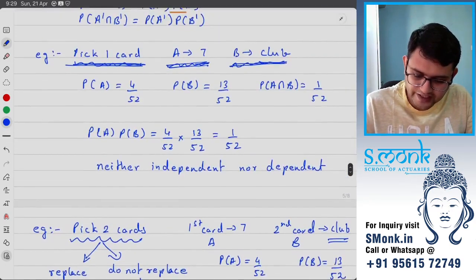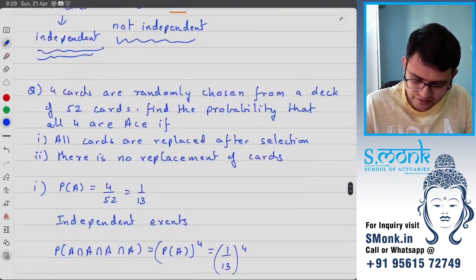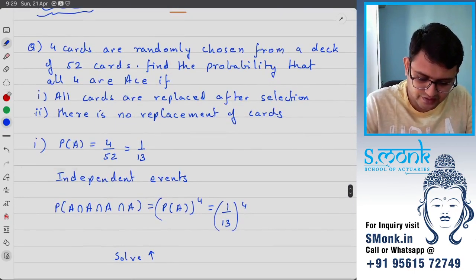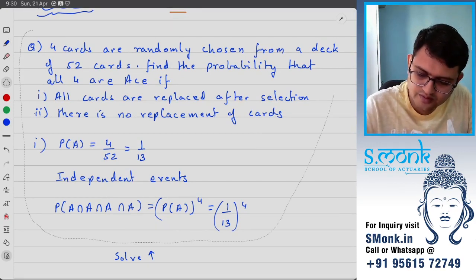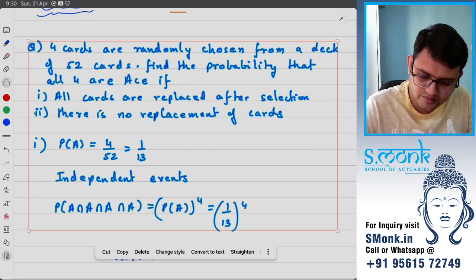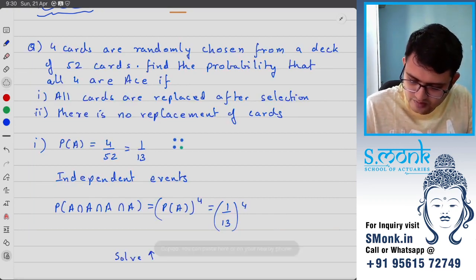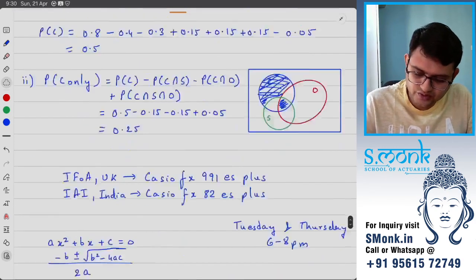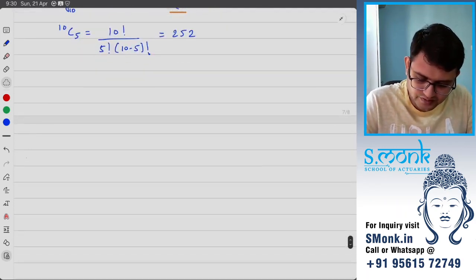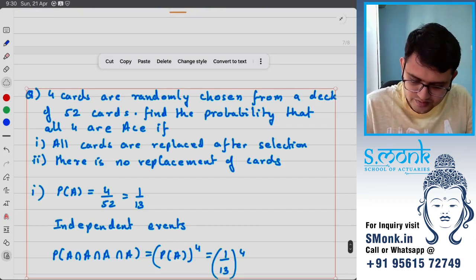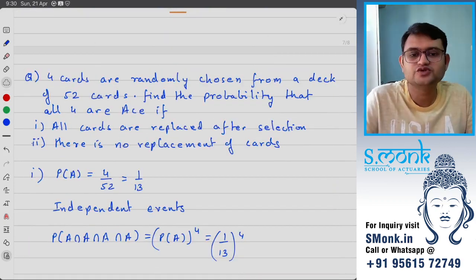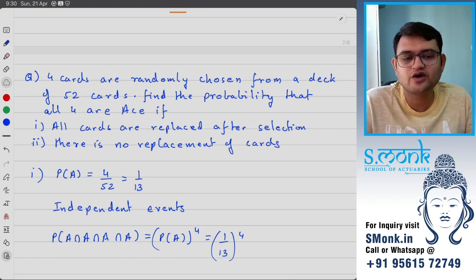Now, remember the question that we left with yesterday. This is the question that we left with yesterday. 4 cards are randomly chosen from a deck of 52 cards.